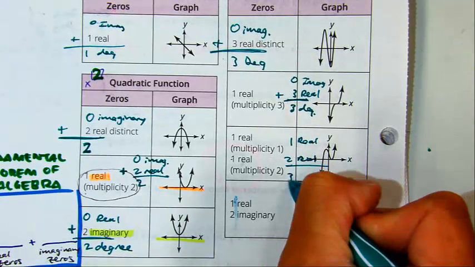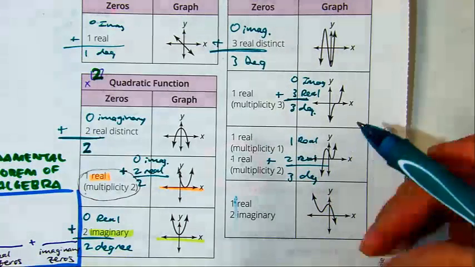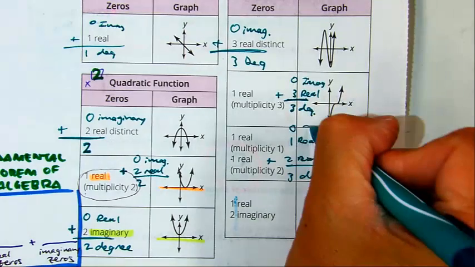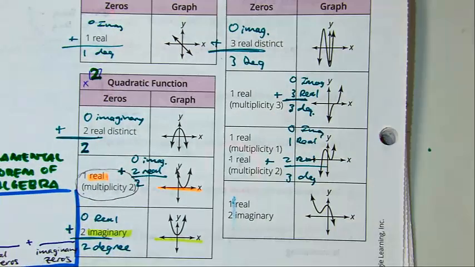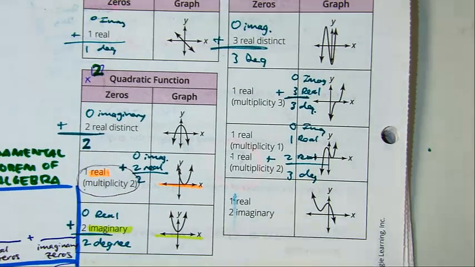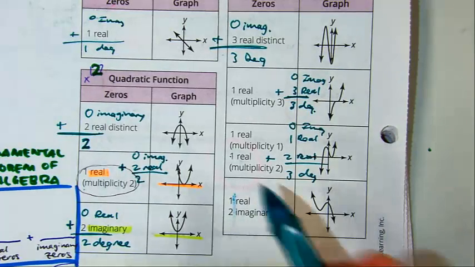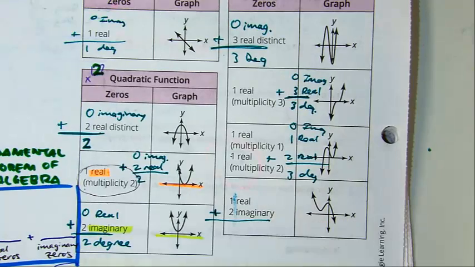How many imaginaries do you have then? 0 imaginaries. 0 plus 1 plus 2 gives us 3. Oscar, pick the next person. Fidel, this one? Equals what? 3 degrees.